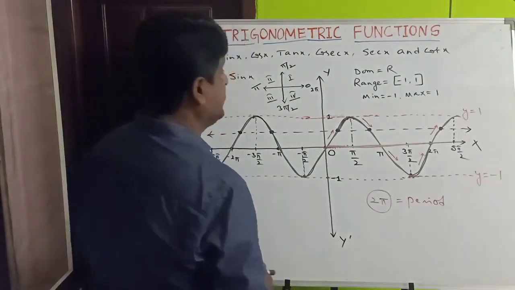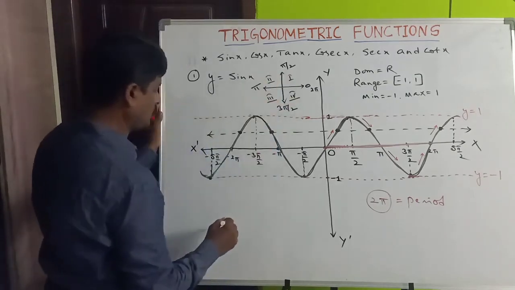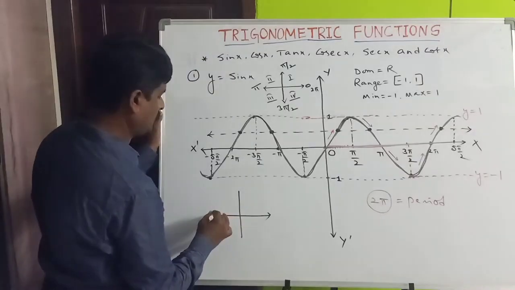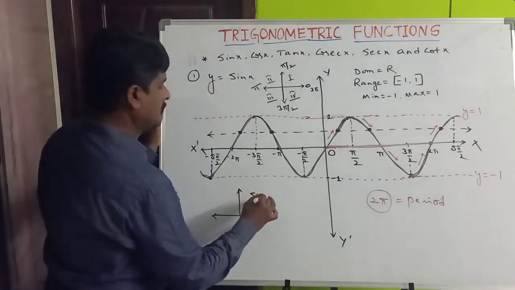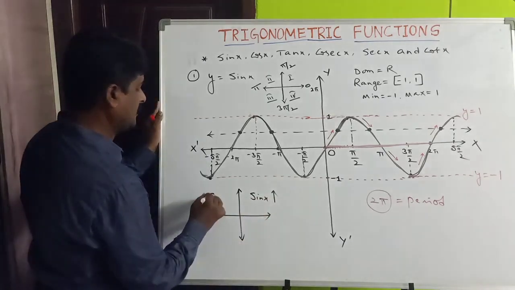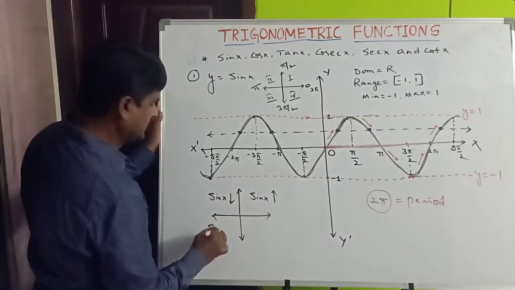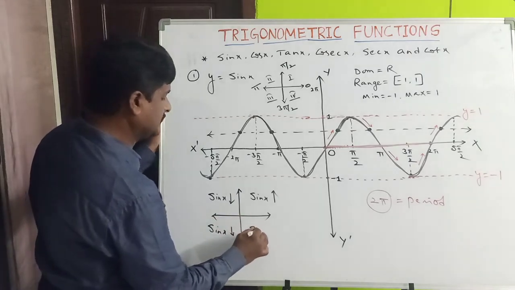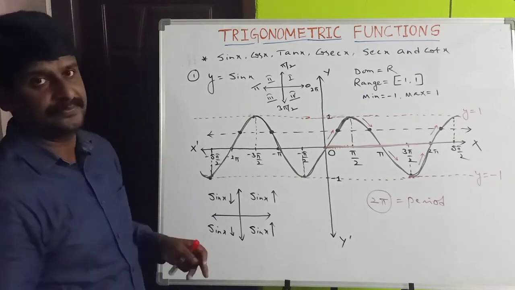So using this we can say that sin x in the first quadrant is increasing, in the second quadrant decreasing, in the third quadrant decreasing, again in the fourth quadrant increasing.